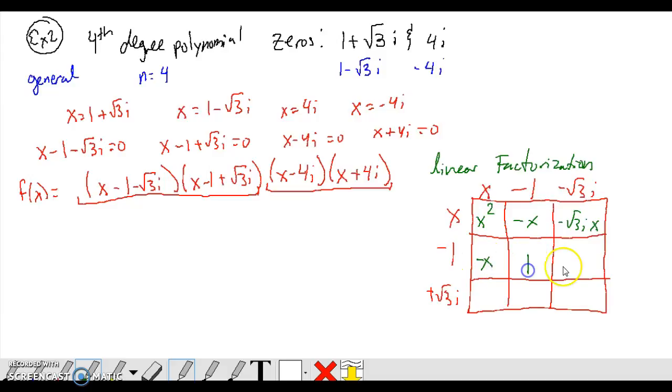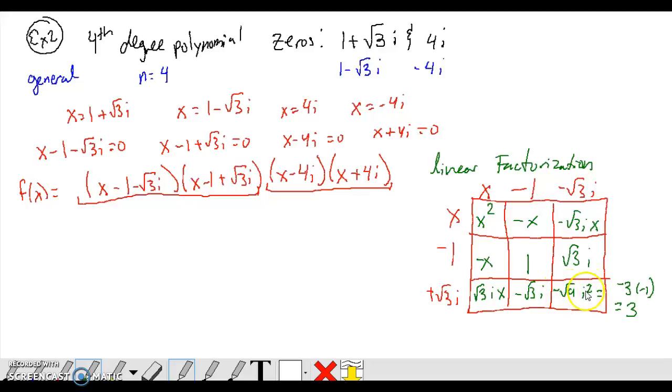Negative x, positive 1, positive root 3i. This becomes a positive root 3ix, a negative root 3i, and this becomes a negative root 9i squared, which is negative 3 times negative 1, which turns into a positive 3.